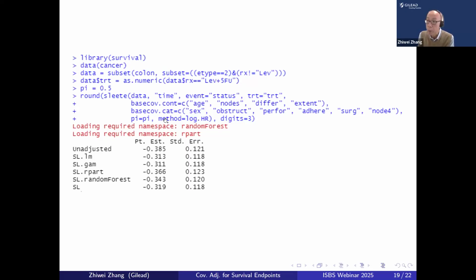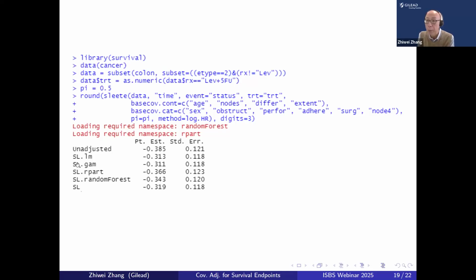The most important argument is the last one, which specifies the estimand and the initial estimator. Here, by specifying method equals log hazard ratio, we are defining the maximum partial likelihood estimator as the initial estimator and its limit as the estimate. In the output, we see point estimates and standard errors from several different methods, including the unadjusted estimator and the individual learners in the superlearner library.